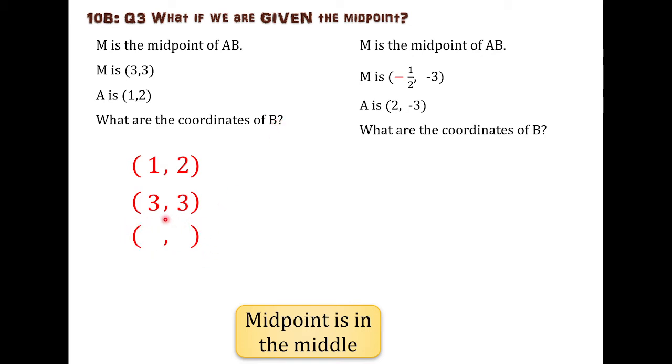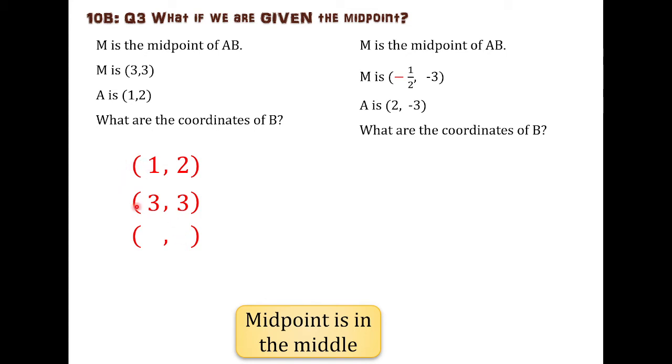B is another point here such that 3 is the number halfway between 1 and that number there. So there is a point here such that 3 is halfway between 1 and x, whatever x is, and 3 is halfway between 2 and y, whatever y is. The strategy I would recommend is look, how do I get from 1 to 3?